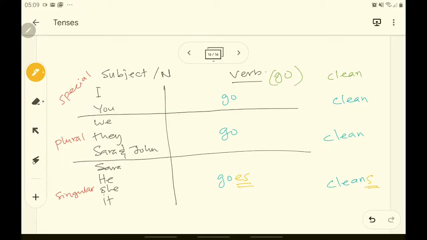So the rule is, if the subject is singular, you may have to add s or es at the back of your verb to mark that the action is in simple present.